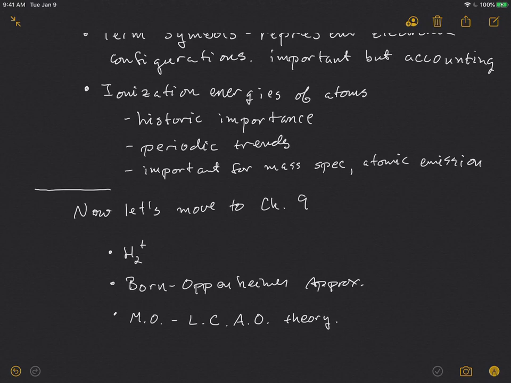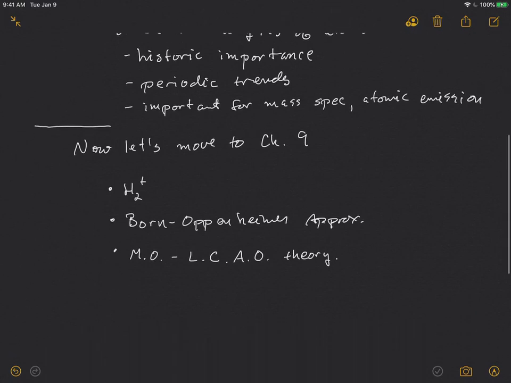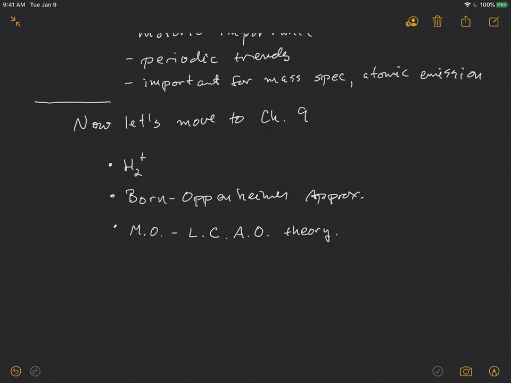It's a way to construct molecular orbitals starting from the atomic orbitals of the various atoms that make up the molecule. Okay, without further ado, let's move on to H2 plus.